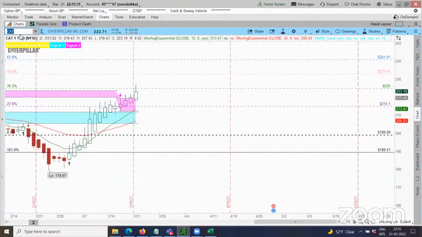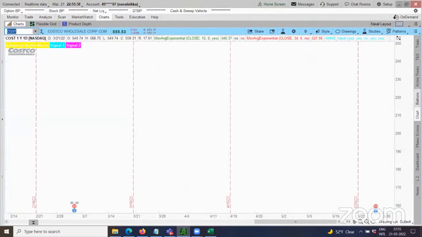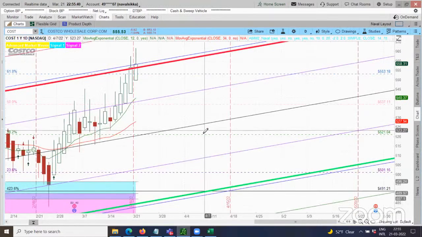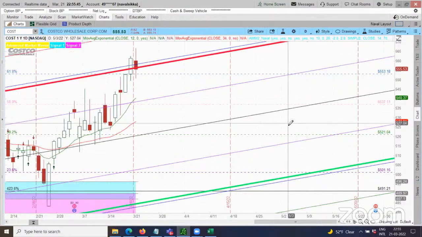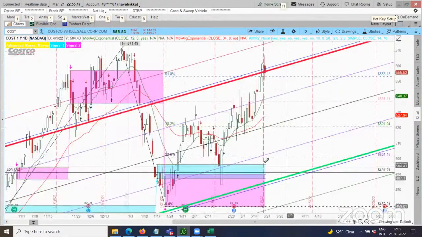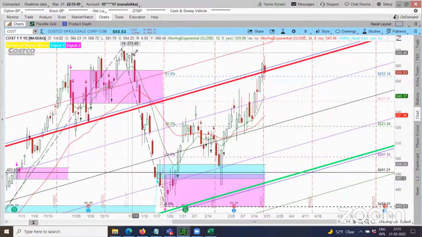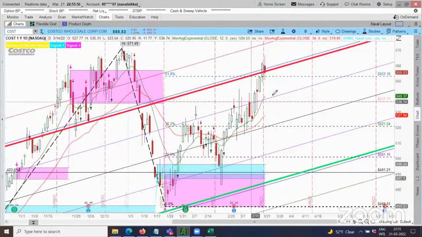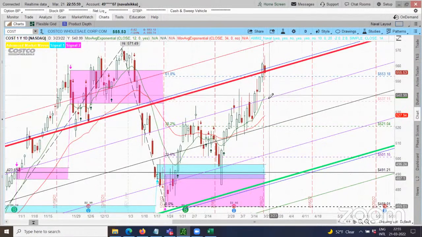Costco almost came and made a double top, but if it loses 553, it can come around 540. I will be a buyer at 540 rather than going short on Costco.